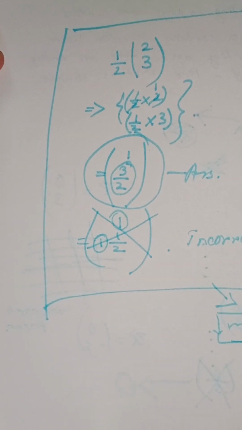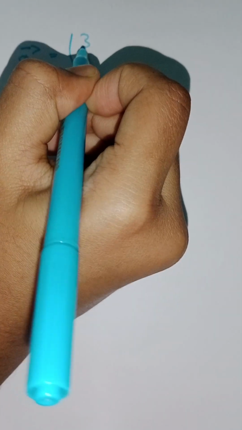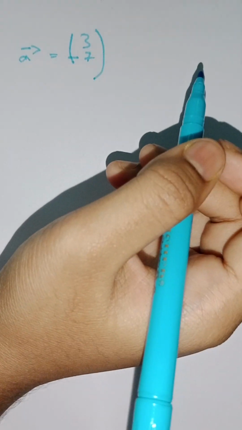Okay, so right after this, we will be going on to a sum, which is... okay. I'm starting here. Vector A is equal to 3 minus 7.